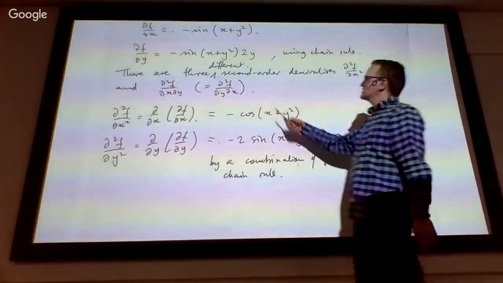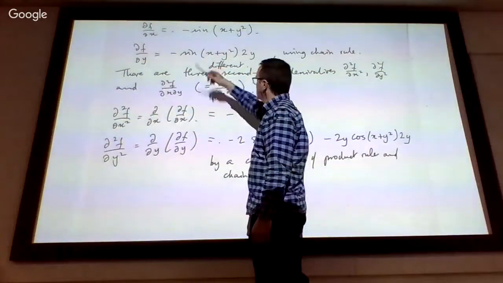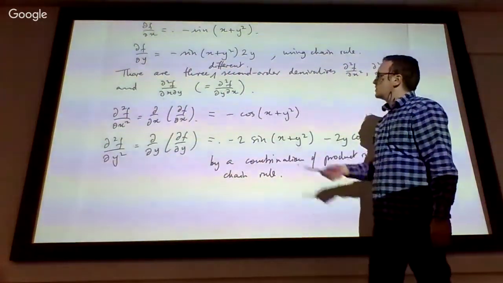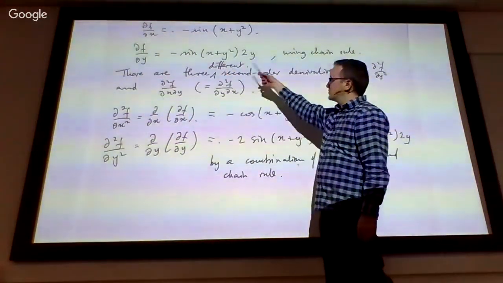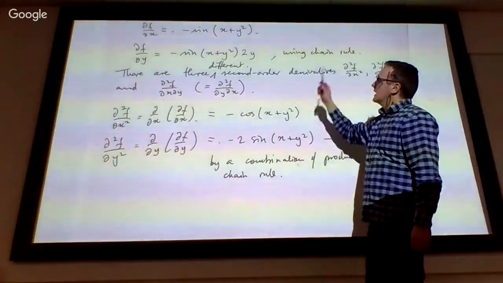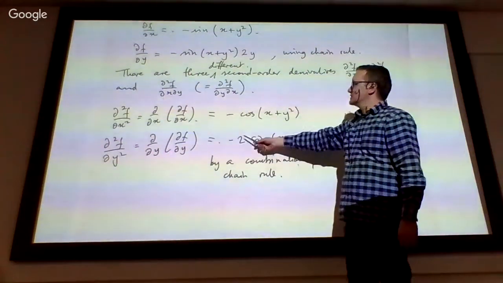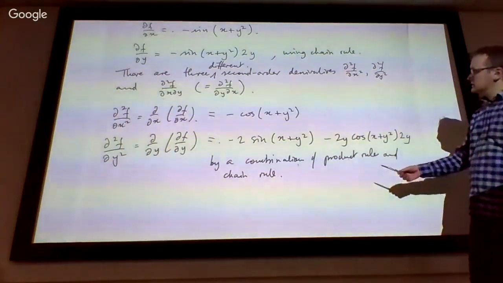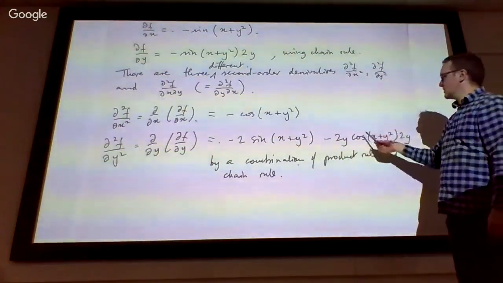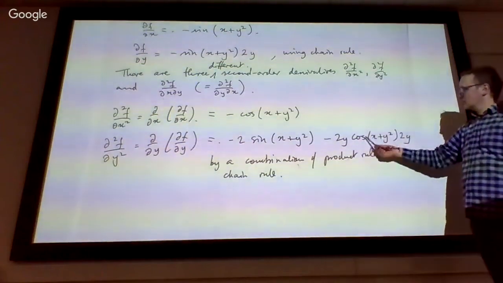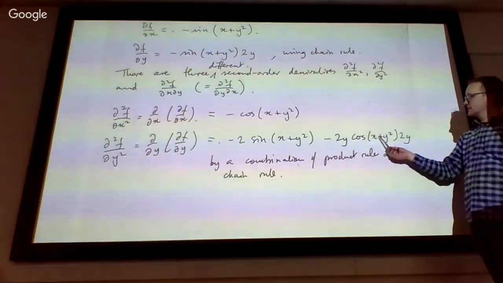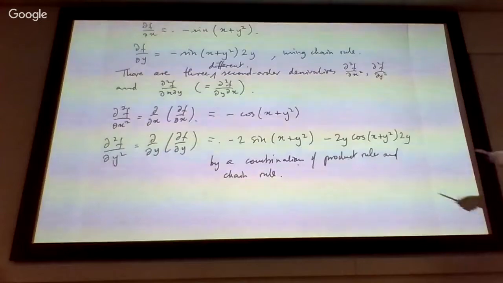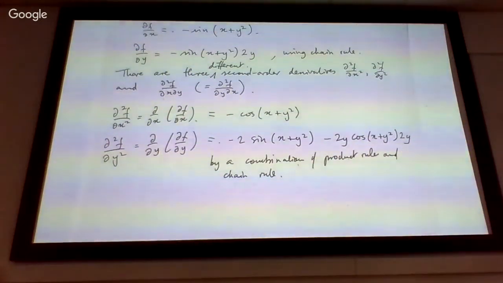So it's the product rule on this because it's a function of y times another function of y. So first of all, we held the sine of the bracket the same and differentiated the 2y, so it differentiates to 2, minus sign in front. And then you held the minus 2y the same and differentiated the sine of the bracket. And that requires the chain rule, so it's going to be cosine of x plus y squared by 2y, because we're all the time differentiating with respect to y then.